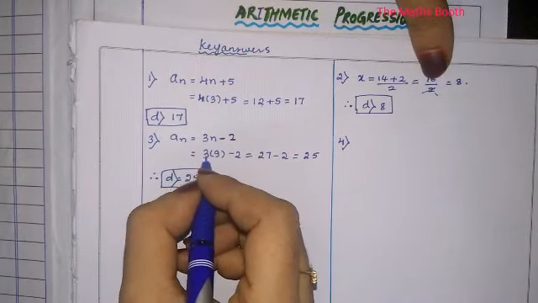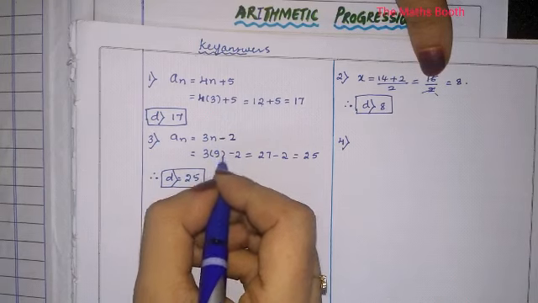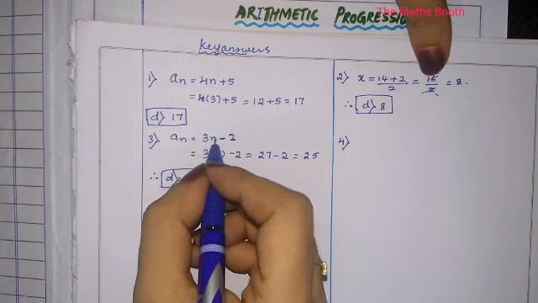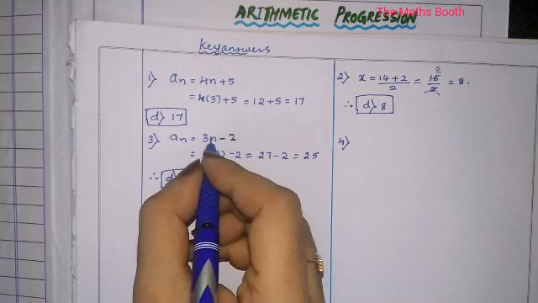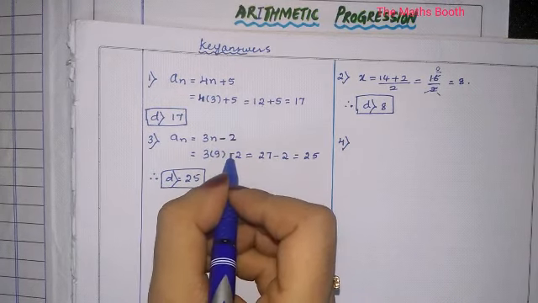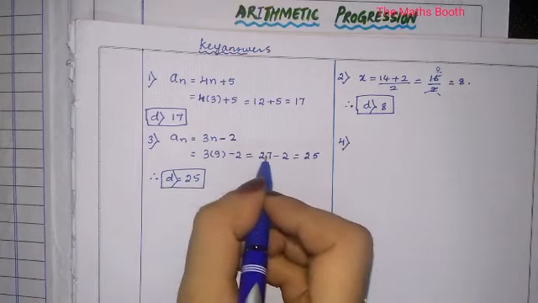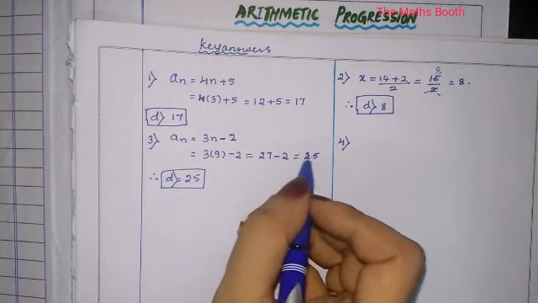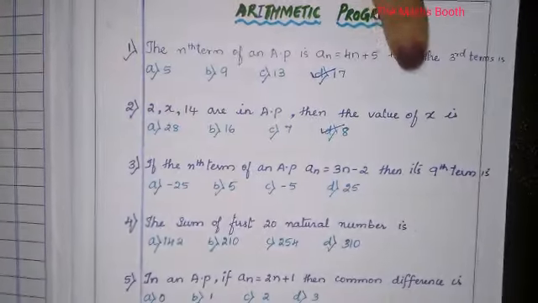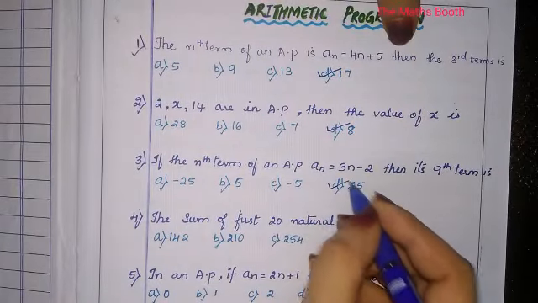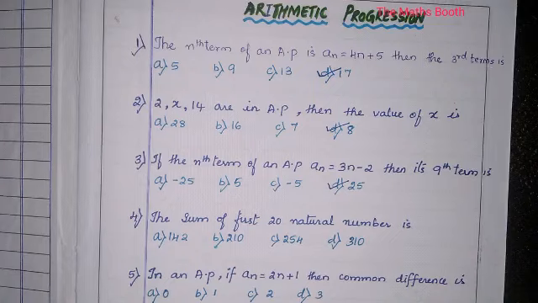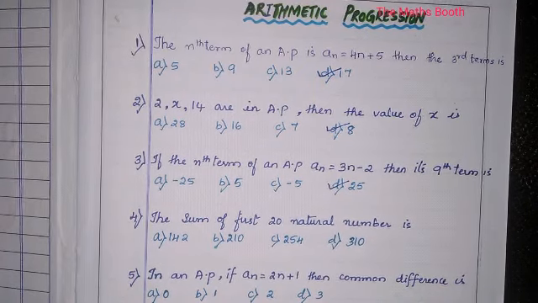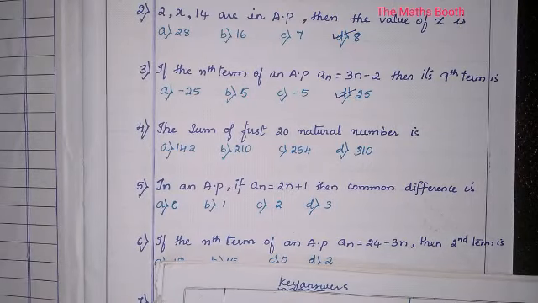They have told to find the ninth term, so in n place we have to substitute 9, minus 2. 9 threes are 27 minus 2, that is 25. So the correct option is D, 25. This is the collection of all AP problems from a set of preparatory papers. Okay, now let us see the next question.